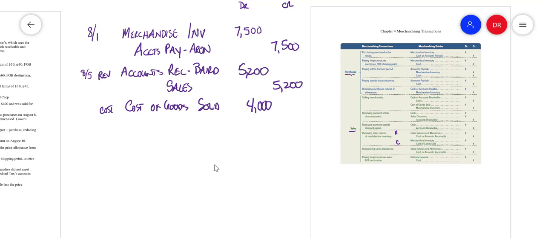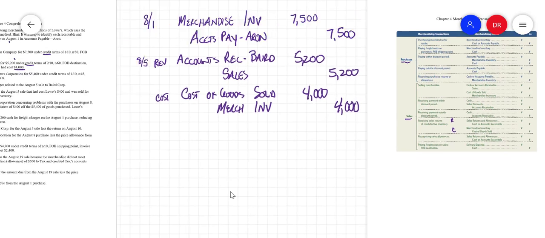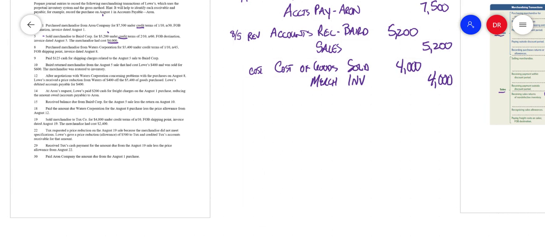And the credit will be merchandise inventory for $4,000. I'm abbreviating here, but merchandise inventory. So those two entries go hand in hand when we're using a perpetual inventory system.